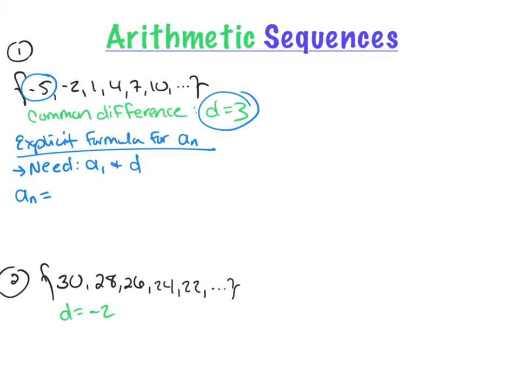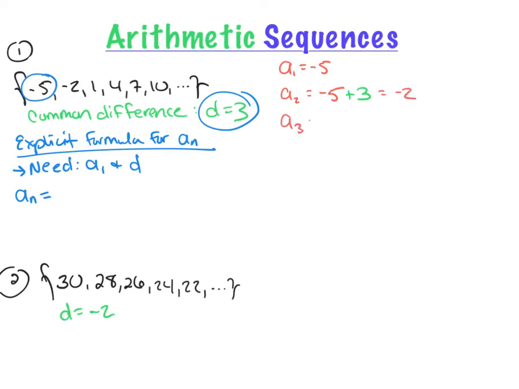So over here in red, I'm going to list out the sequence like this. Our first term is -5, and our second term we get by taking -5 and adding 3, because that's our common difference. So we get -2.